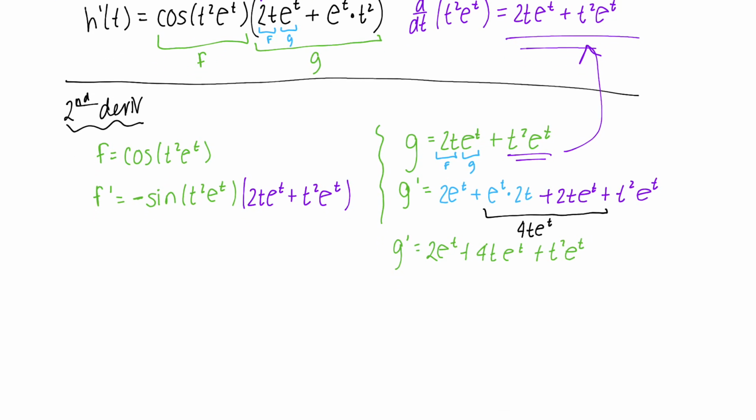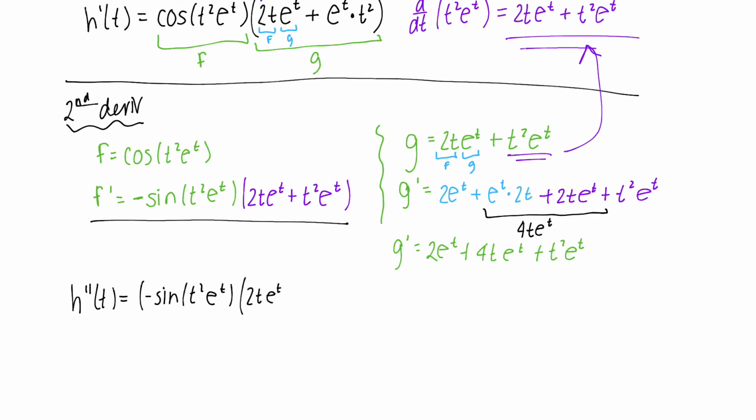And then taking this product, the big product rule up here, you get h double prime of t is equal to f prime, so negative sine of t squared e to the t times 2t e to the t plus t squared e to the t. That's f prime. G, so 2t e to the t plus t squared e to the t.